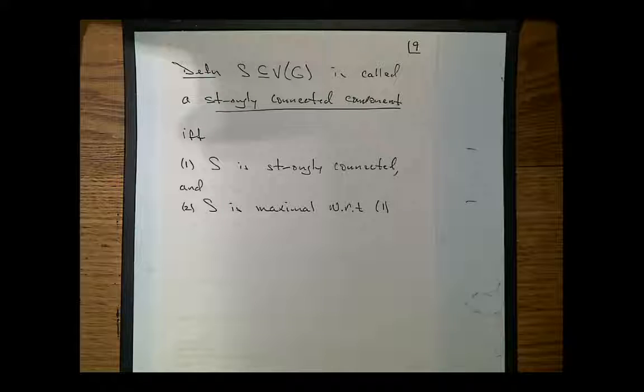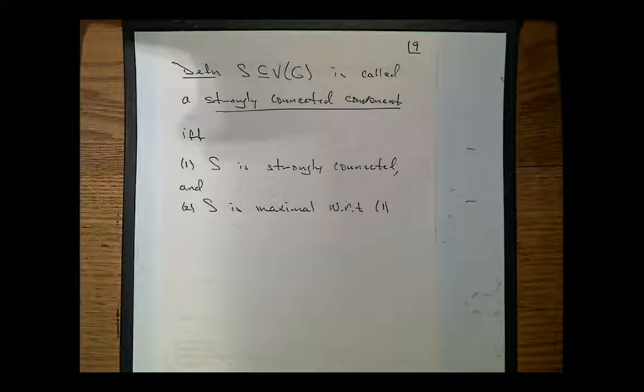So remember, I'm talking about subsets of the vertex set. The more vertices you throw into a subset, the harder it is to be strongly connected. The more constraints you're putting on the connections between those vertices in order for it to be strongly connected. You see why that is? So we should be concerned with maximality. When can you not get any bigger?